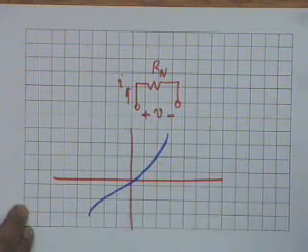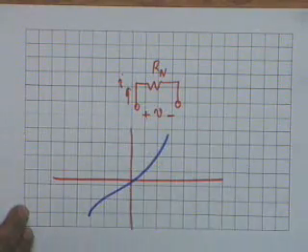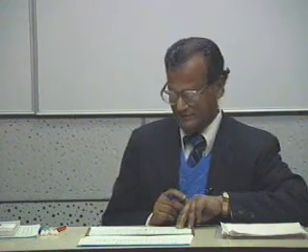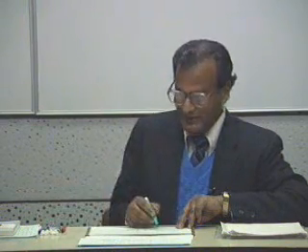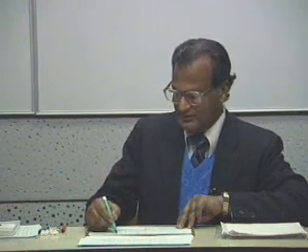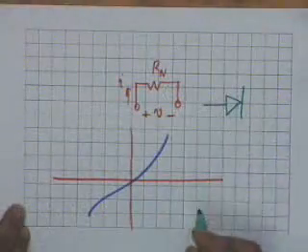If you take an ordinary bulb, a 60-watt bulb, and gradually increase the voltage, measure the current, you will get a characteristic like this. An incandescent lamp is a simple example of a nonlinear resistor where V equal to Ri is not valid. Another common example is that of a diode, whose symbol is this.